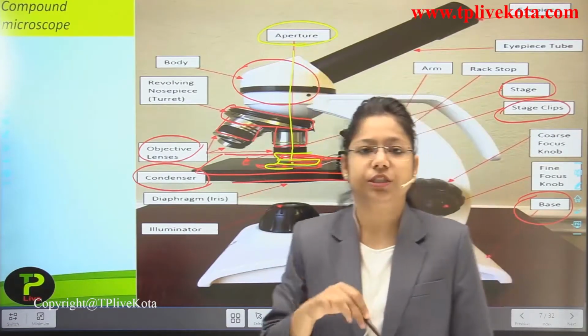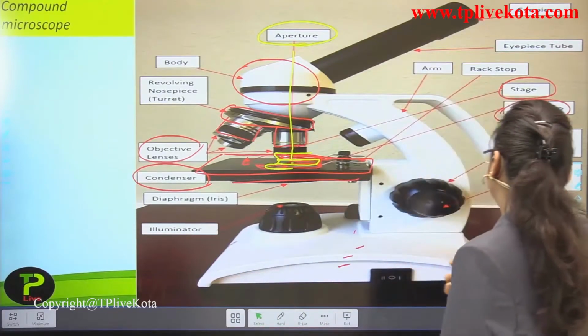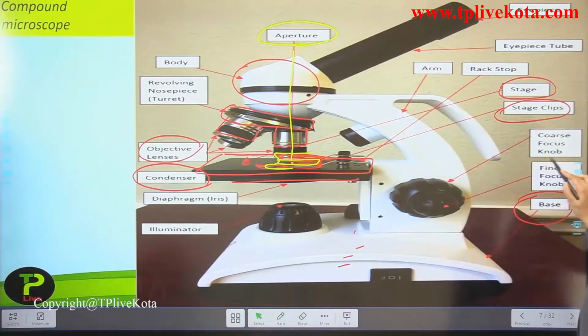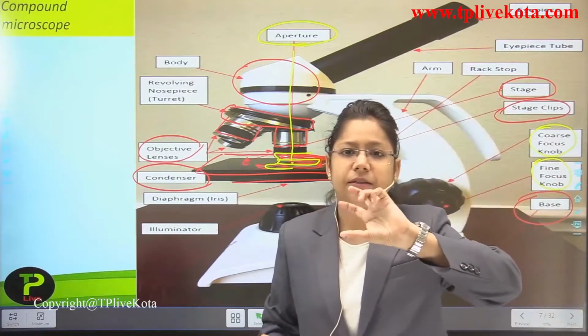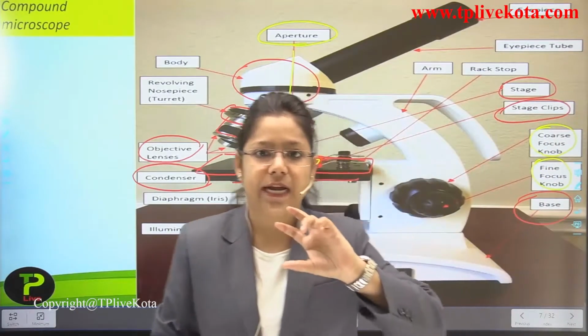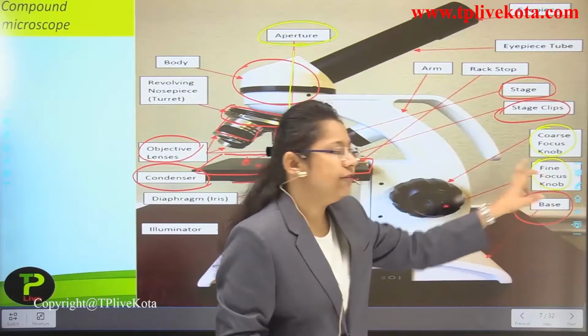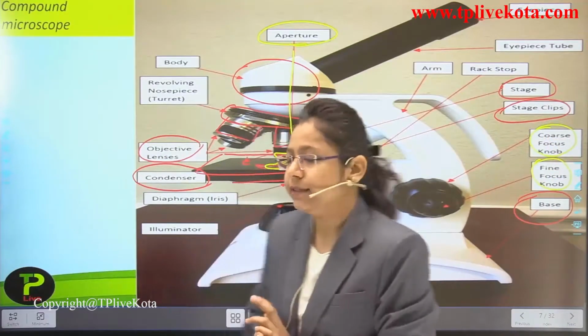Aperture is the position on which the glass slide has to be put. Now you can see here, for the focusing, fine focus knob and coarse focus knob are present. Means it is an adjustable screw type. We can adjust the microscope according to it. It is for fine focusing and it is for coarse focusing. Did you understand this thing?